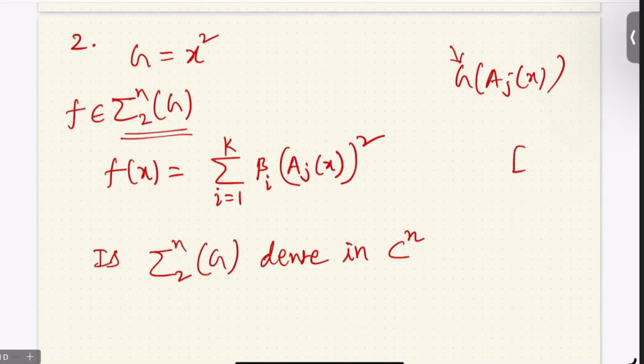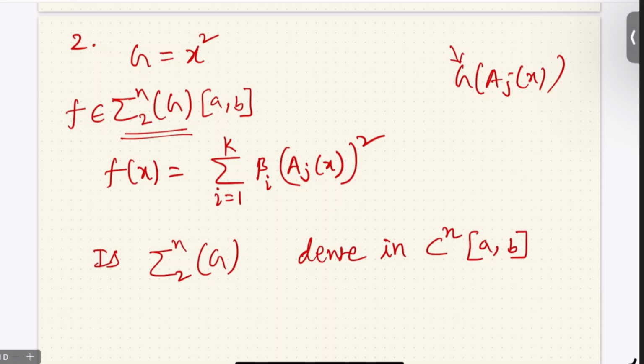You can think of any closed compact set, so you can write Cn of a comma b, a compact set. That means we are not looking at functions globally from minus infinity to infinity. We are looking at a particular piece of the domain, a comma b. Is it dense in Cn?